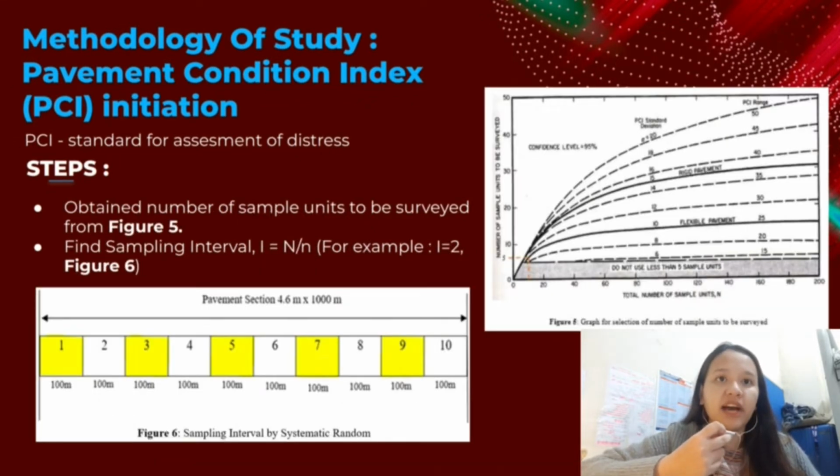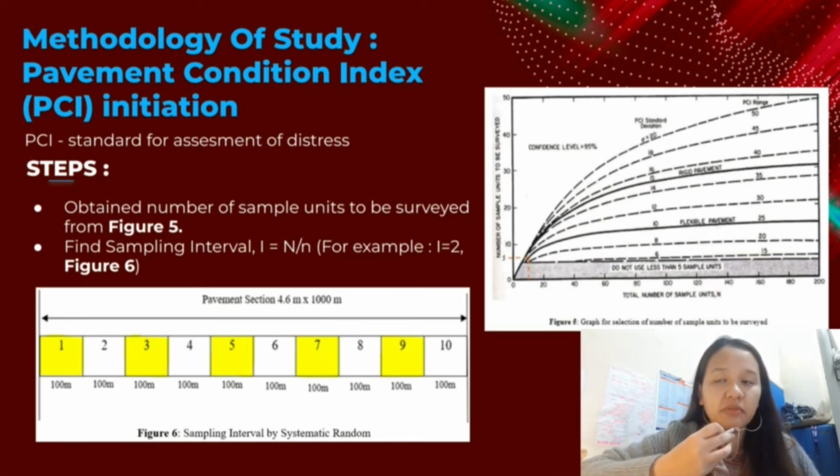Then, after finding the number of sample units, we need to obtain the number of sample units to be surveyed. Here, we can use the graph for selection of the number of sample units to be surveyed. From there, we found that it is 5. Then we use this equation, the sampling interval, which is big N divided by small n.